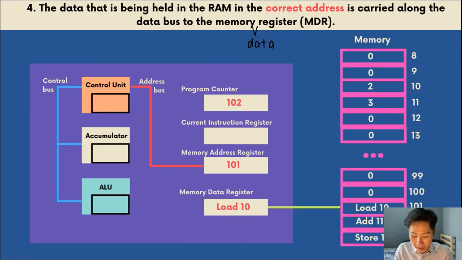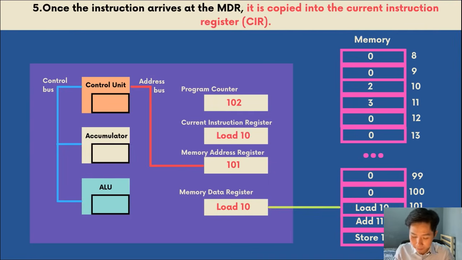And the fourth step is that the data that is being held in the RAM at the correct address is carried. The control unit will then ask the memory unit to send whatever is in 101 to the memory data register, which is used to store the data, load 10.